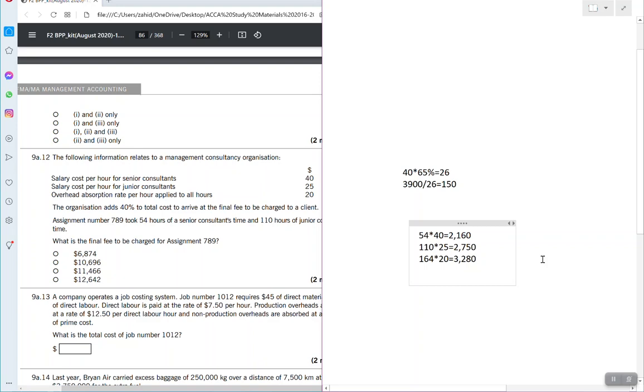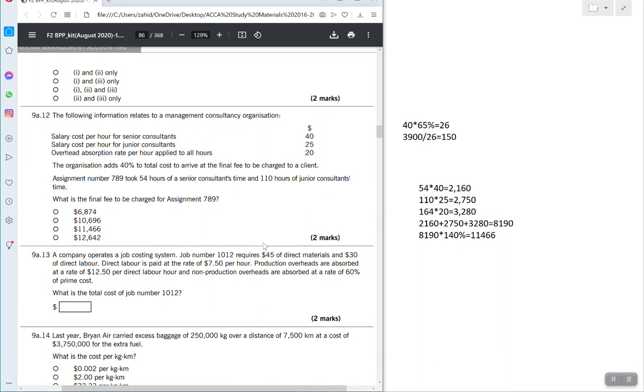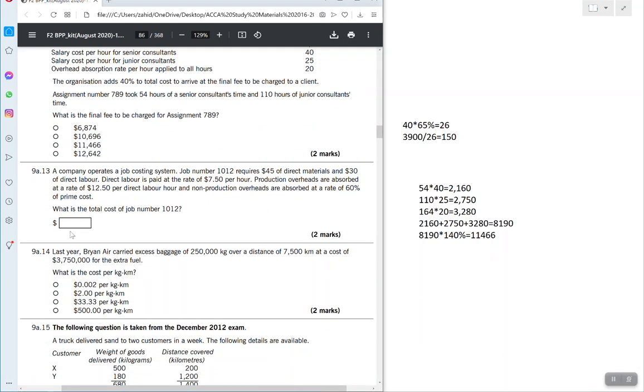So 2,160 plus 2,750 plus 3,280 becomes the total cost, which is 8,190. Multiplying directly by 140%, because it is a markup, the selling price would be 11,466.